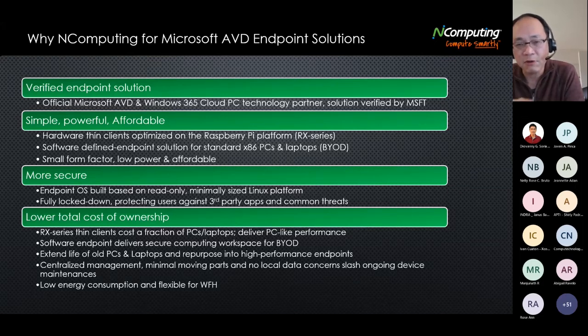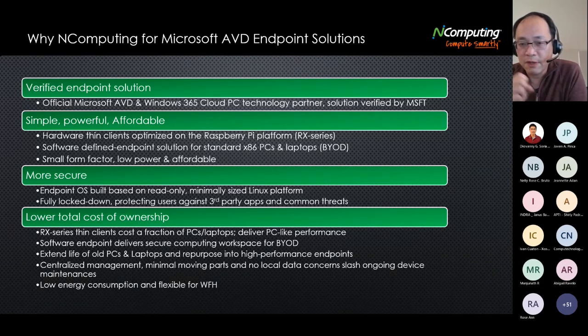It will slow down overall the performance. But if you convert that into our LeafOS solution based on Linux, much smaller footprint, it requires less CPU horsepower, less memory. You can actually run AVD in the cloud faster.